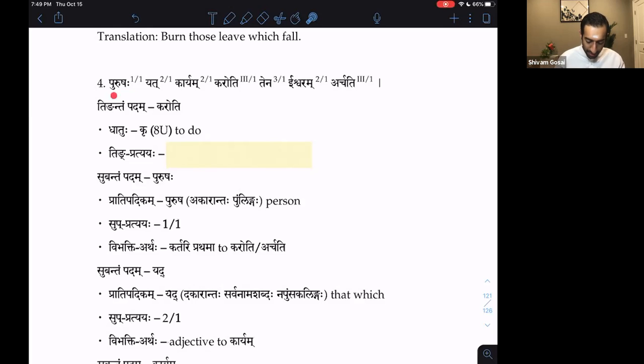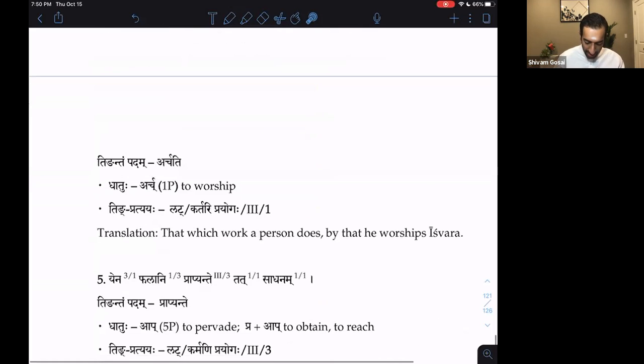Okay, so a person does. So a person worships Ishvara by that work. If we want to just go left to right, it's actually quite hard. Let me show you how they take it. That which work a person does, by that he worships Ishvara.